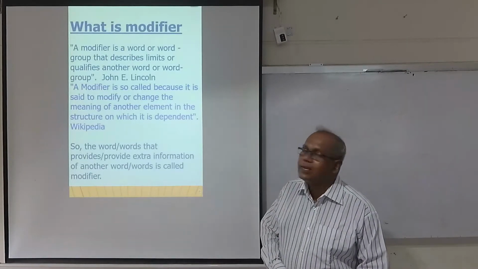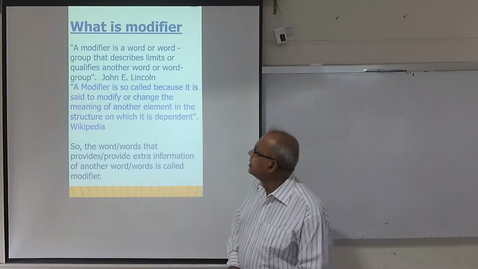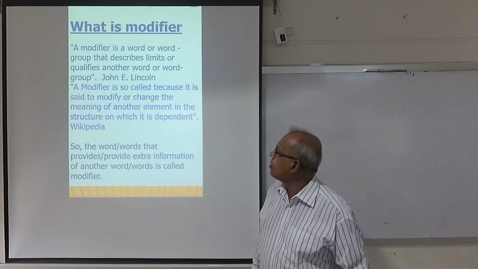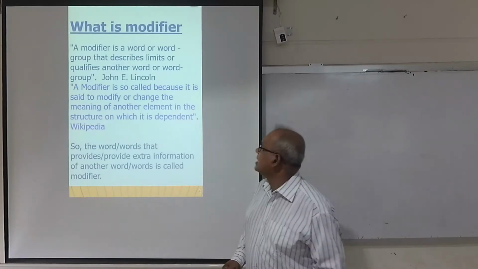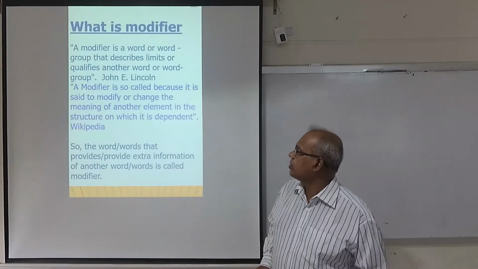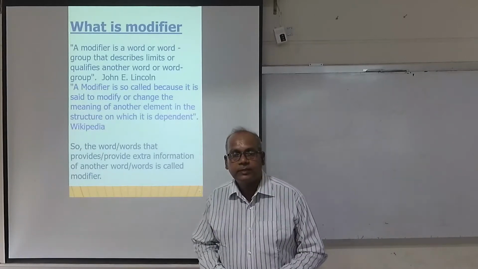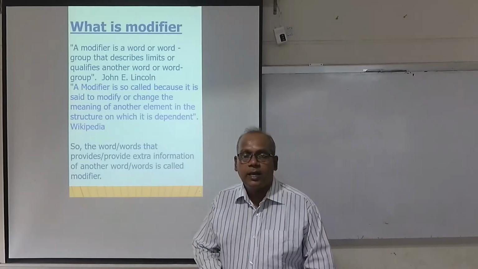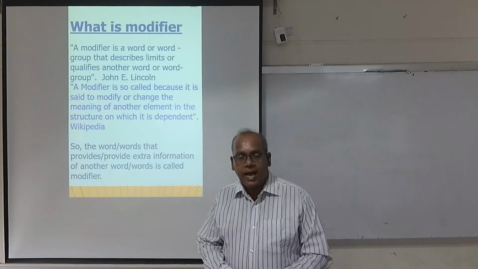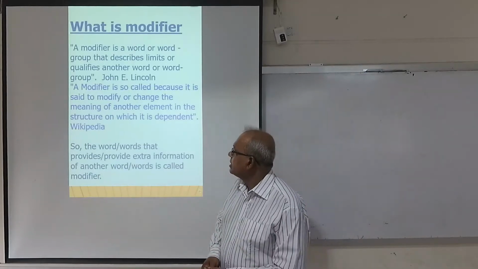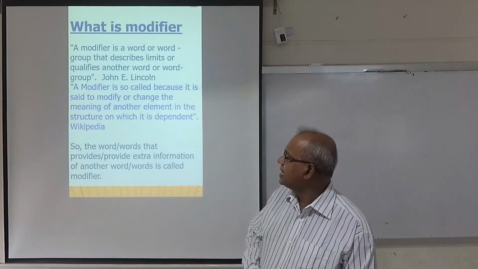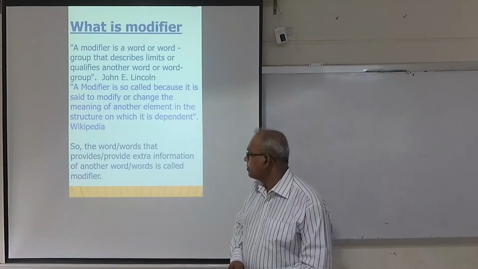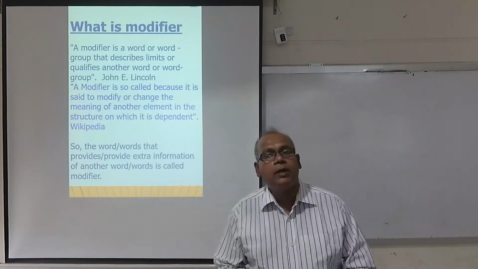According to Wikipedia, a modifier is so called because it is said to modify or change the meaning of another element in the structure on which it is dependent. In a nutshell, we can conclude with another definition: the word or words that provide extra information about another word or words is called a modifier.